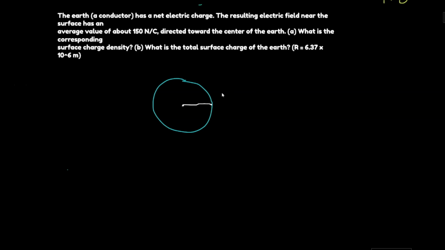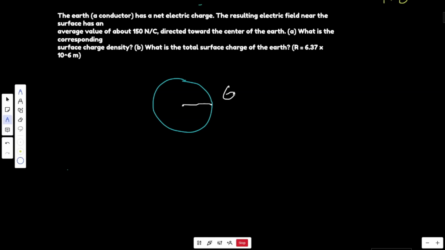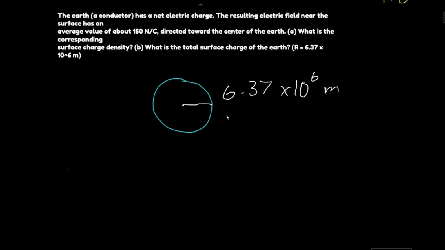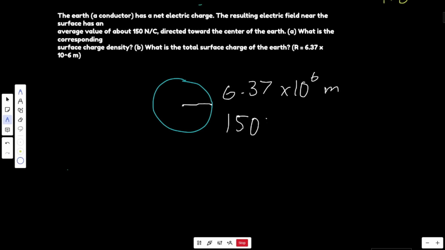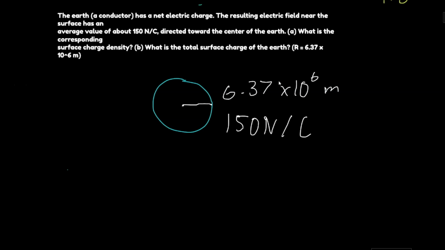Our radius here is 6.37 times 10 to the power of 6 meters. So that's our given right now, and the electric field is 150 newtons per coulomb.